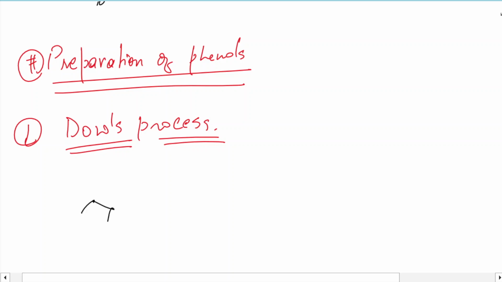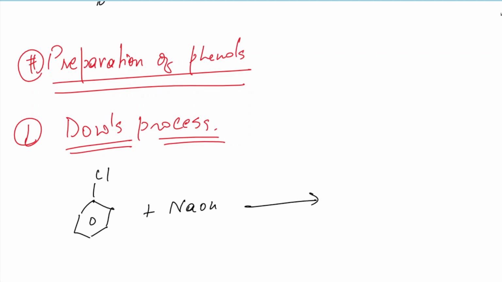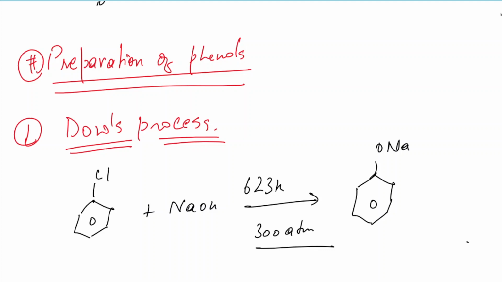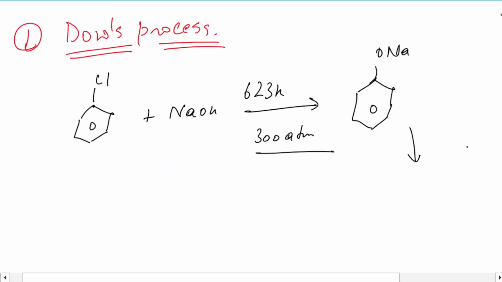So what's this? This is just chlorobenzene that is reacted with NaOH at extreme conditions, that's 623 Kelvin and 300 atm pressure, or you can write it as nearly 350 degrees Celsius and 300 atm pressure. And the formed product here is sodium phenoxide, which on hydrolysis yields phenol.